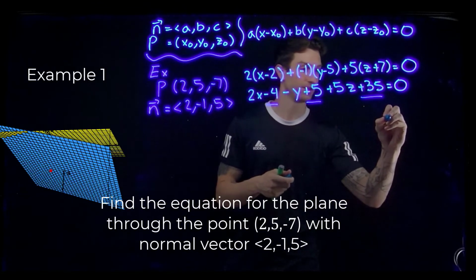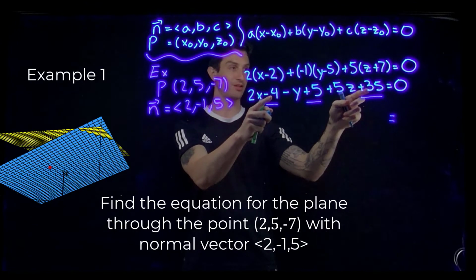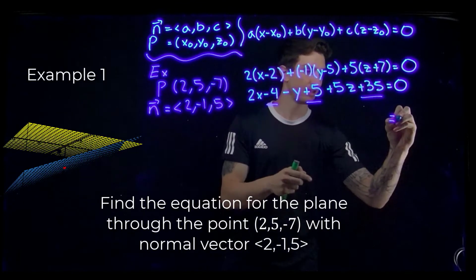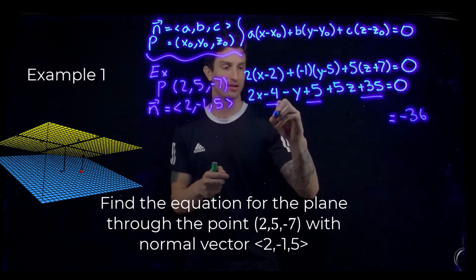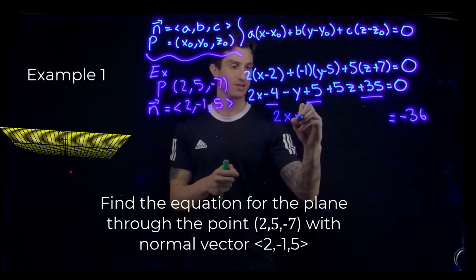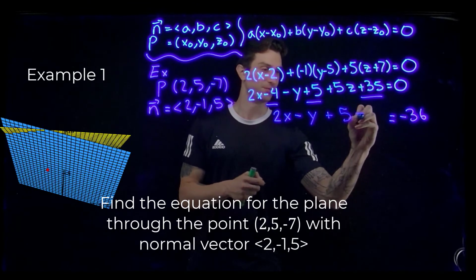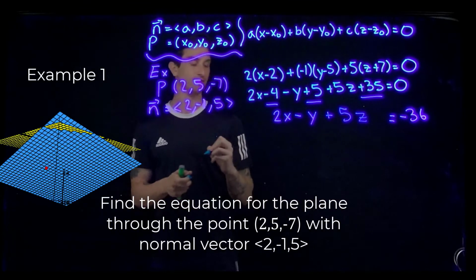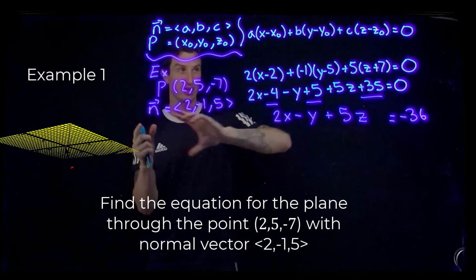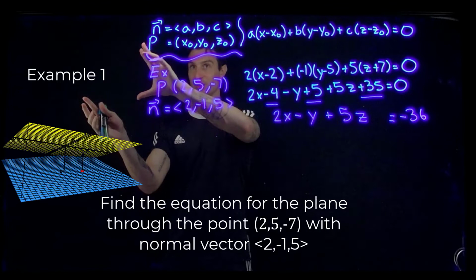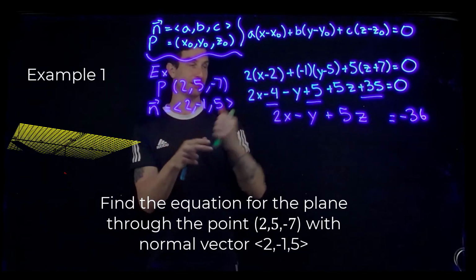One more time: -4 plus 5 is 1, plus 35 is 36. Drag it over to the other side, minus 36. That leaves us with 2x minus y plus 5z equals -36. So example 1, not too bad. If we know the equation of a plane, we're just plugging it straight in. We should see a visual over here of what our plane looks like, and we can go straight into plugging into the equation.